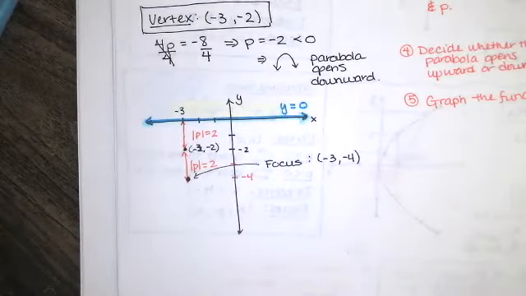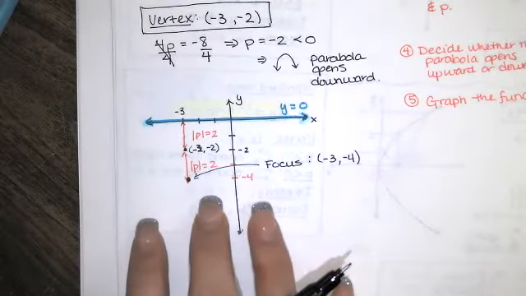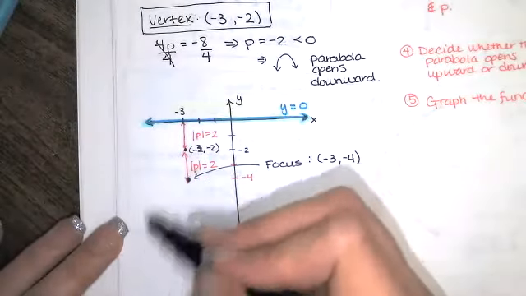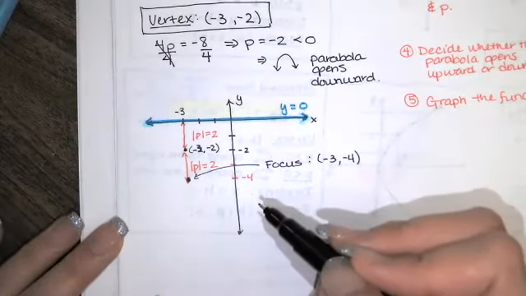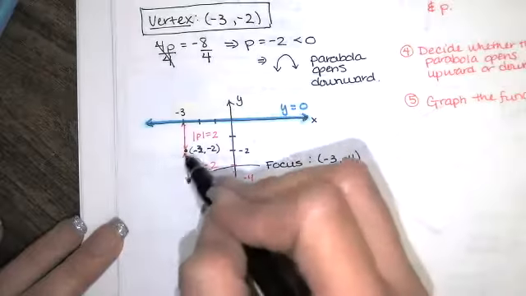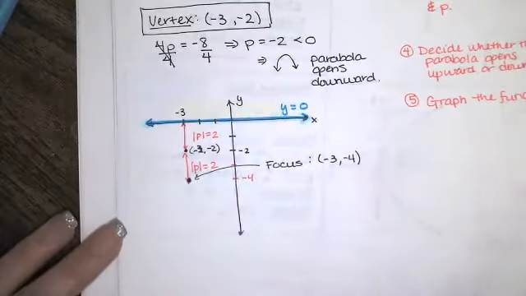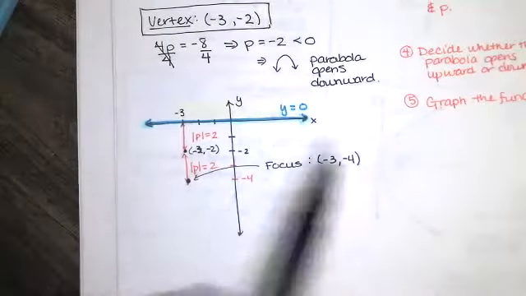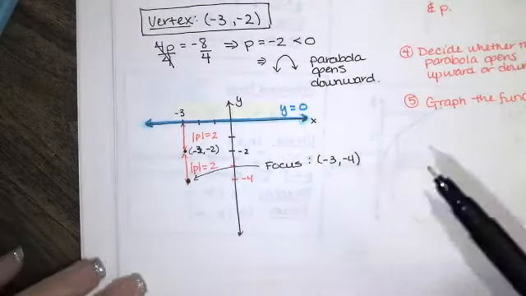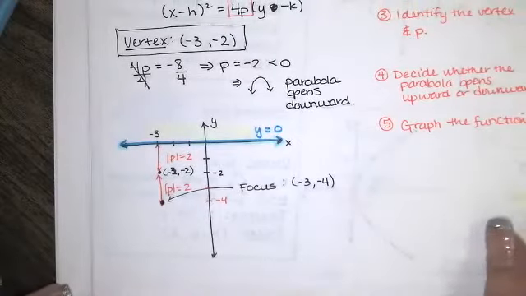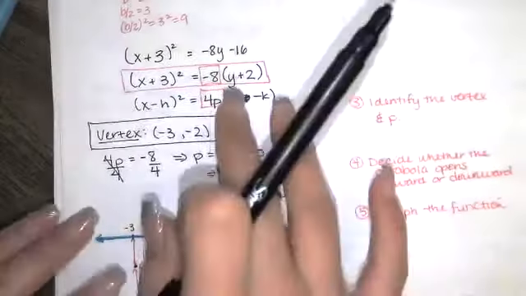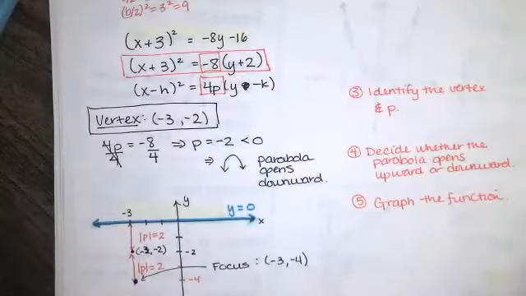Now, I'd like to do a better job with my graph than this. If I'm not worried about the shape of the graph, I would tend to just draw a parabola opening downward and say that's good enough. But if I care about the shape, if I want it to be sort of the right width, then I really should plot some points. I really should pick out an xy pair that satisfies the original equation.